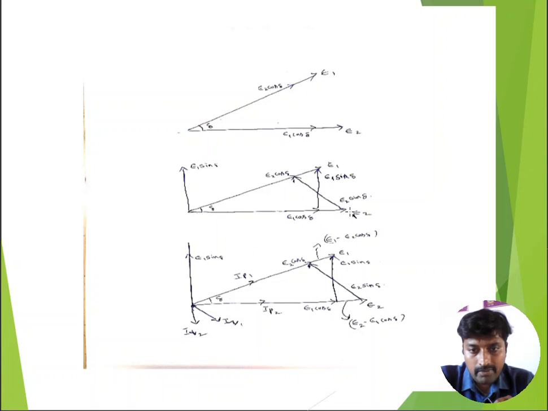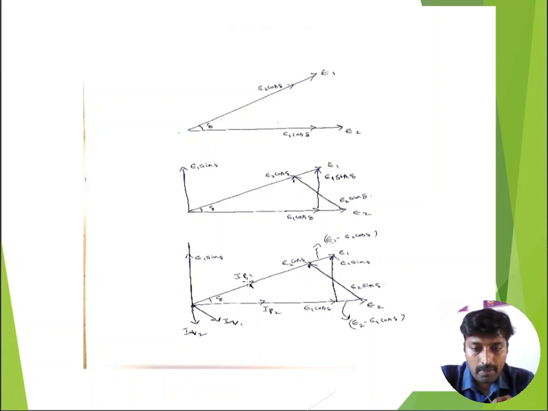Once you represent E1 cos delta, E2 cos delta, then you can go with 90 degrees by E2 cos delta, E1 sin delta and E2 sin delta. So once you are representing this, we can go for the currents, that is active components of current and reactive components of current.